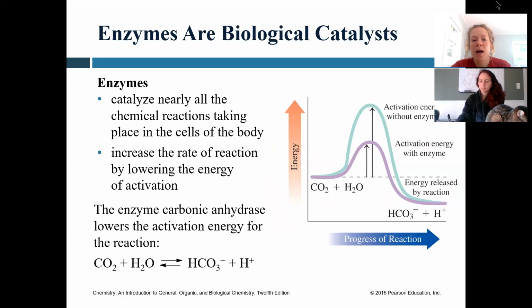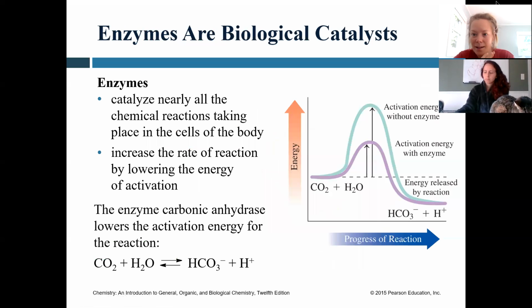And we can see here, so enzymes are just a biological catalyst. Catalysts, they catalyze nearly all of the chemical reactions taking place in the cells of the body. So when we're running a chemical reaction in the lab setting with inorganic chemistry, a lot of times we don't use a catalyst because the things we're using are really reactive. So you put them in a container together and they're going to do their thing.